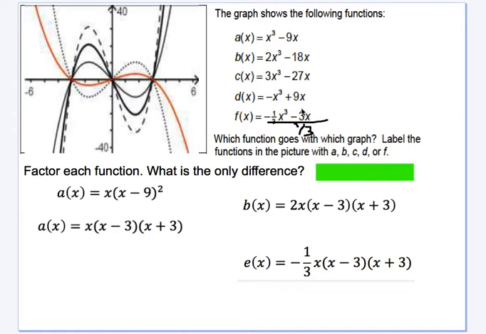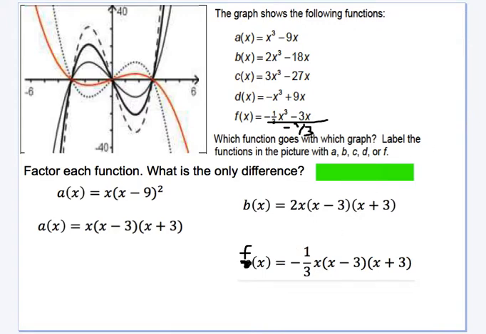So you'll end up multiplying by 3. Anyway, this should be f here. Just pretend that's an f of x. For f of x, your leading coefficient is -1/3, and then you'll have all the correct factors.